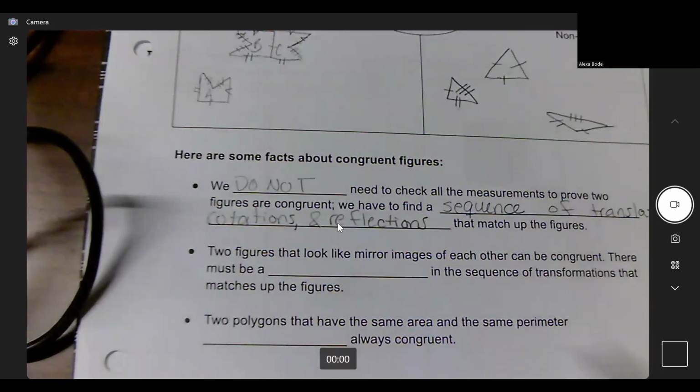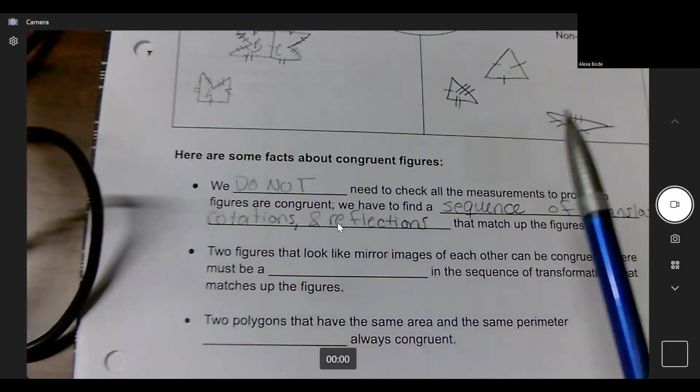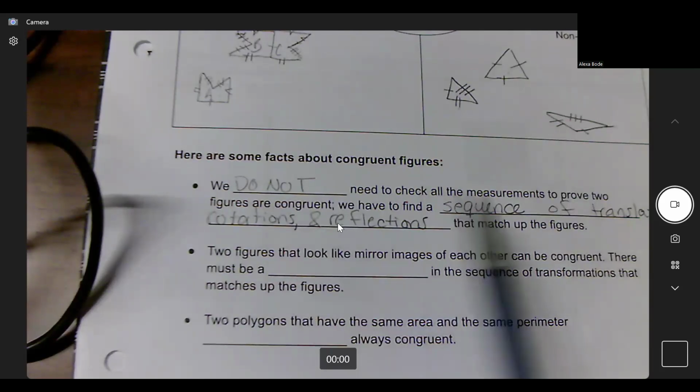So the main thing that we are going to be working on today and tomorrow is, yes, congruent figures have the same measurements, but we are going to have to use transformations to explain that they are congruent, not the measurements being the reason that they are congruent.